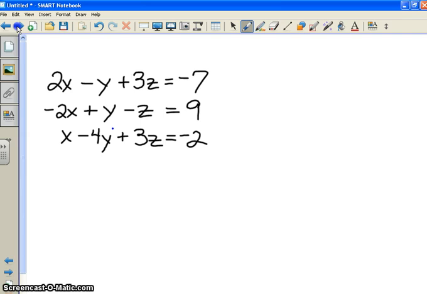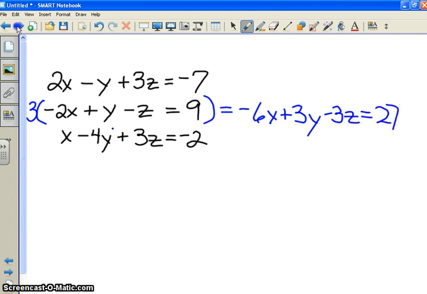Or the other easy thing we could do is change the z's into 3's, since 2 of the equations have 3 z's in them. I'm going to go the z route. I'm going to multiply the second equation by 3 to change all into 3 z's. So this new equation will become negative 6x plus 3y minus 3z equals 27.